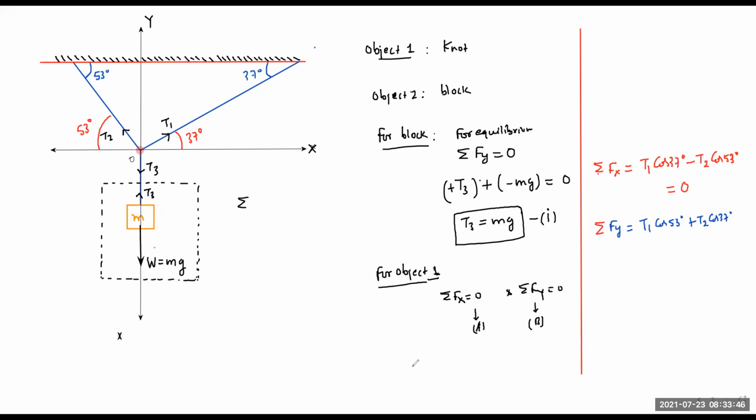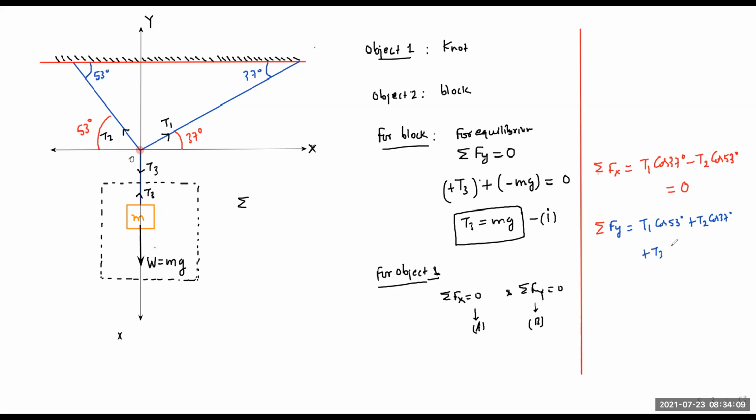T3 cos 90 degree. T3, and you're taking the y component. So what is the angle of T3 with the y-axis? Can you see the angle? 180 degree, sorry, 180. Yeah, very good. You can say it that way also. That's also a nice way.